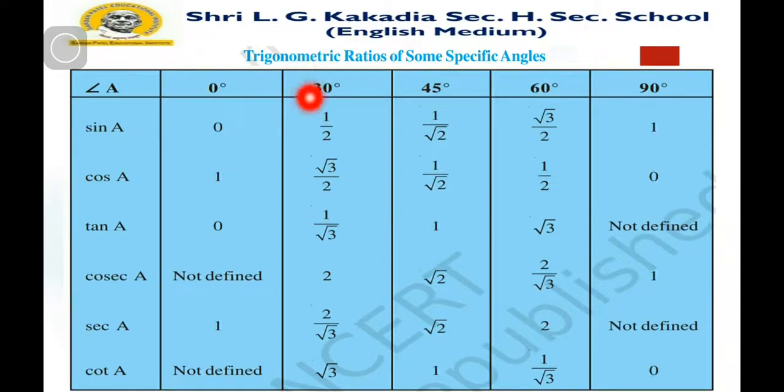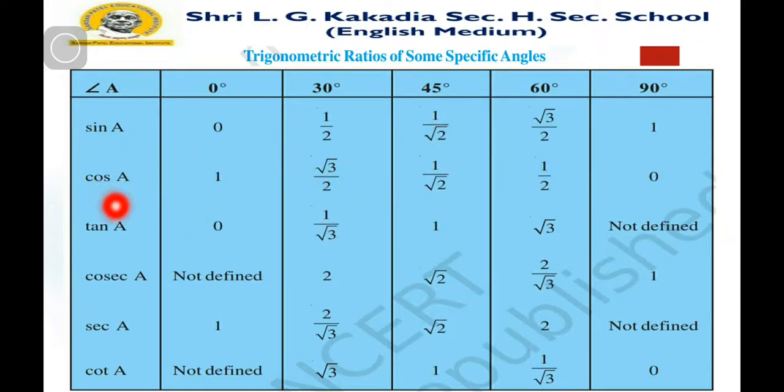The value of sin 45, as we put the value of A, is 1 over square root 2, and sin 60 is square root 3 upon 2, and sin 90 is 1. So in that way, if a specific angle is given for a trigonometric ratio, then we take the value from this table. For that, we have to remember these values.